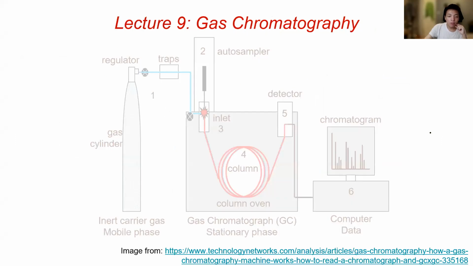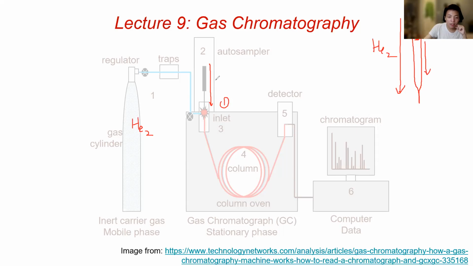So for GC, essentially what happened is we injected our sample, just like our column. We loaded our sample on top. This is where it is. And then we have helium gas that acts as a mobile phase that passes through the column and forces the compounds to separate.